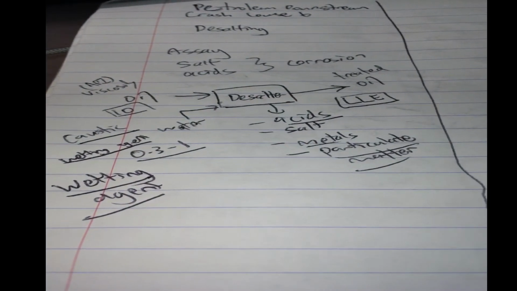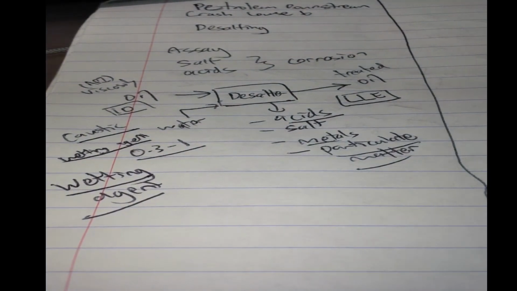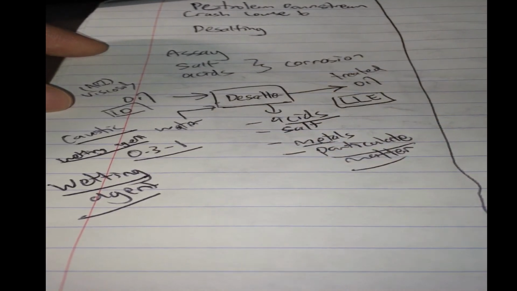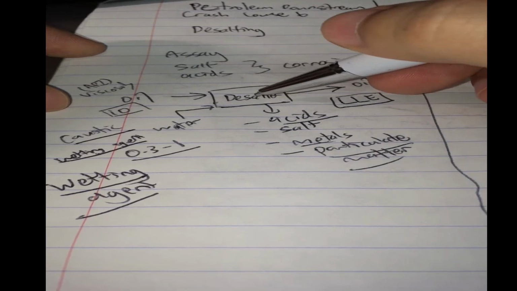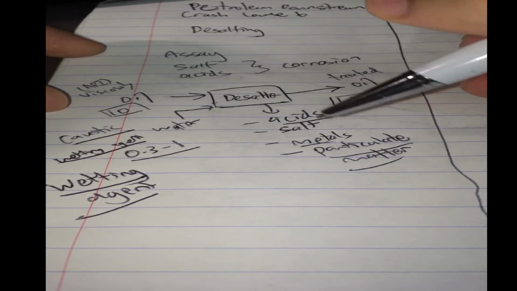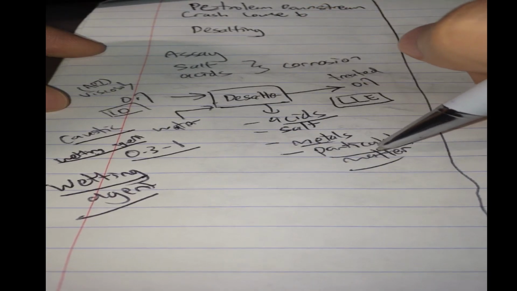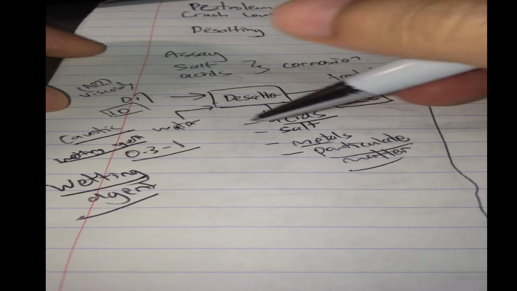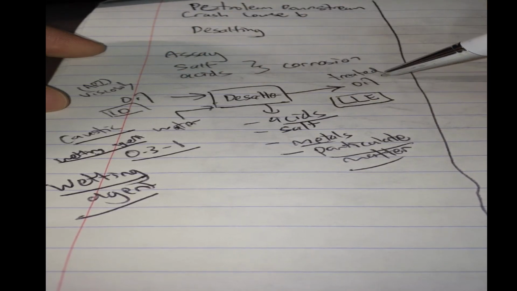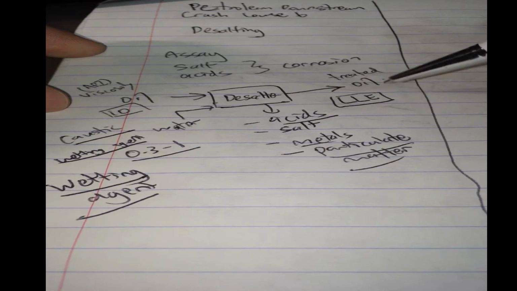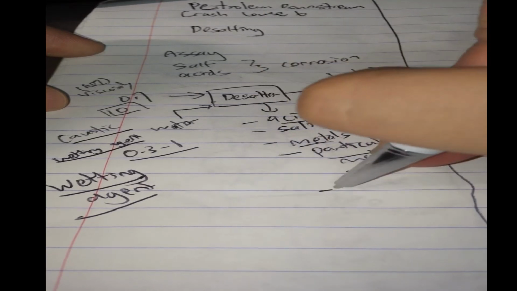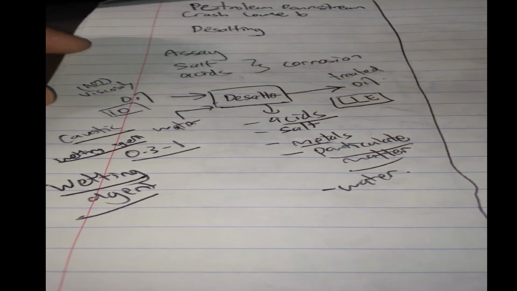Wetting agents are basically what tries to get the water sticking onto the particulate matter, like dirt, all of this stuff in the oil. It tries to get it to stick to the water so that it will not come out the treated oil side, but it will be washed out with the water here.